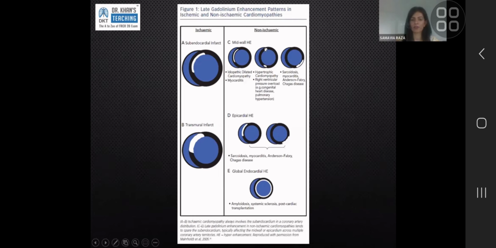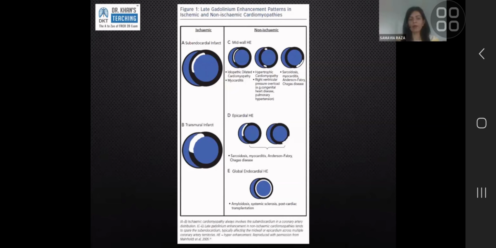The RV insertion point is where the RV touches the LV. They have very prominent enhancement in these areas, especially when the whole of the myocardium is thickened. There is hypertrophy, and you see this typical enhancement. So you can put it together and say that's hypertrophic cardiomyopathy with scar.